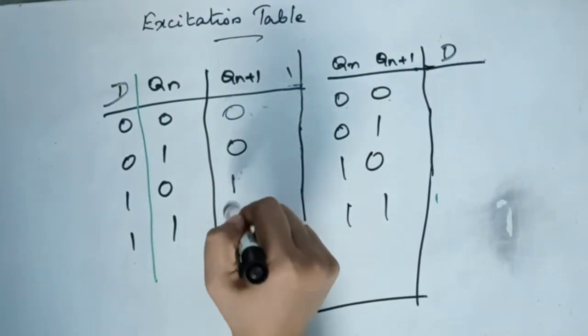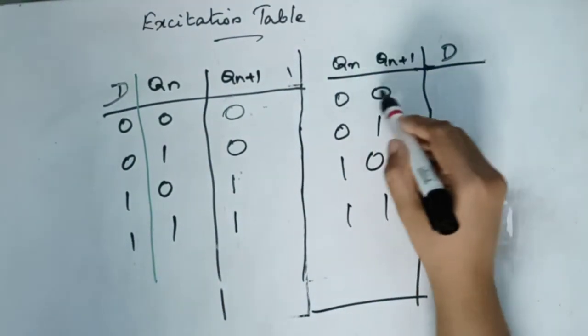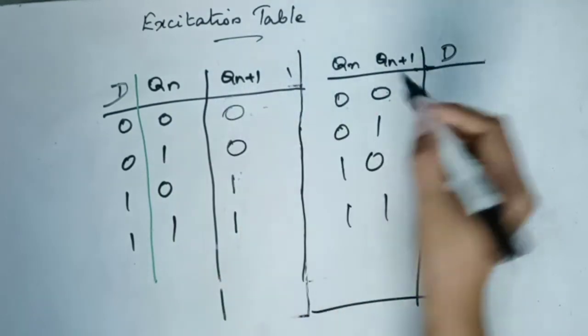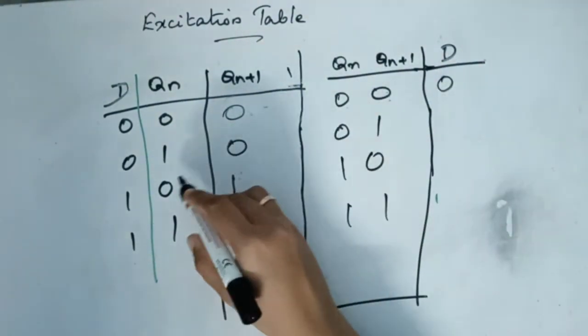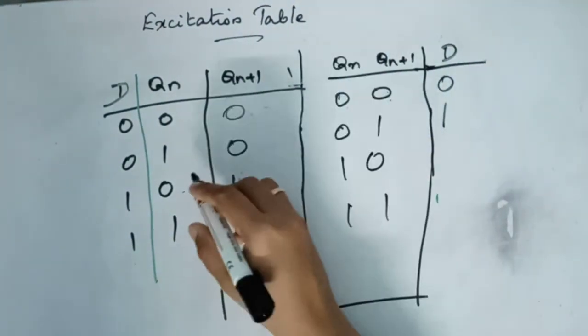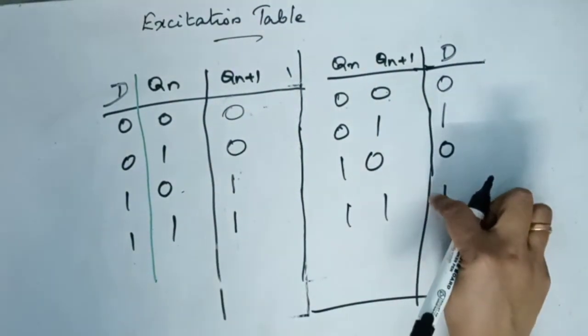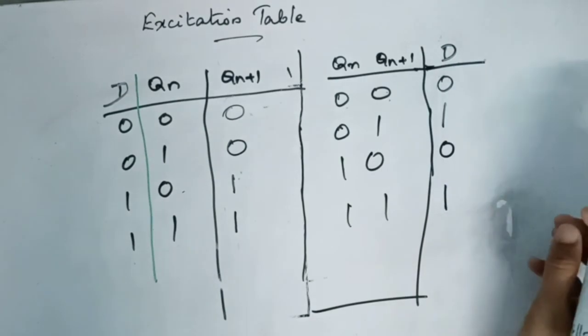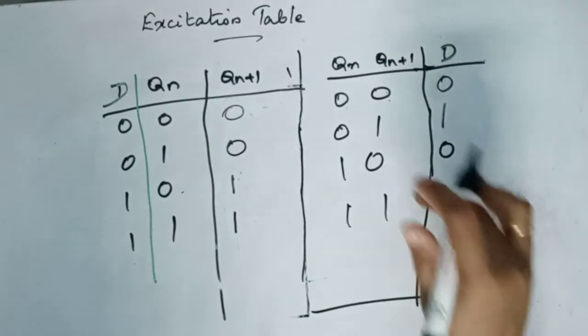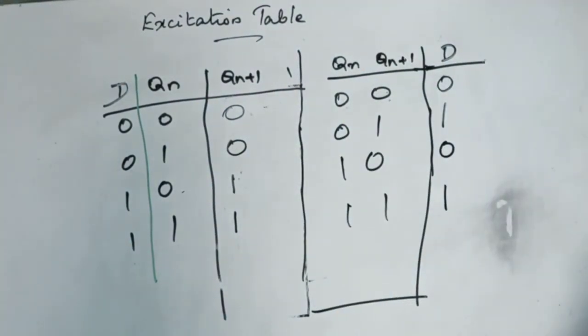So when you take 0 0, D is 0. 0 1, D is 1. 1 0, D is 0. 1 1, D is 1. So in a D flip-flop, whatever is D, that is Qn plus 1. The reverse is also true: whatever is Qn plus 1, that is D. So this is also easy to remember. So that is the excitation table from the characteristic table.